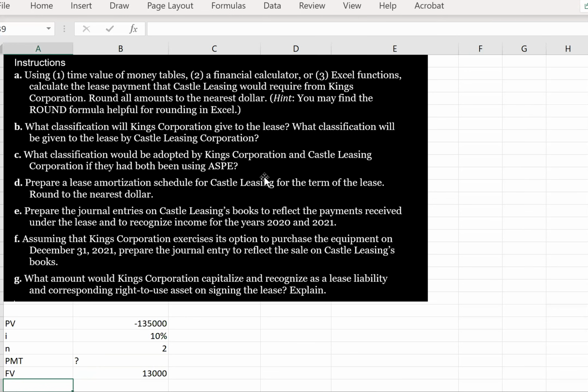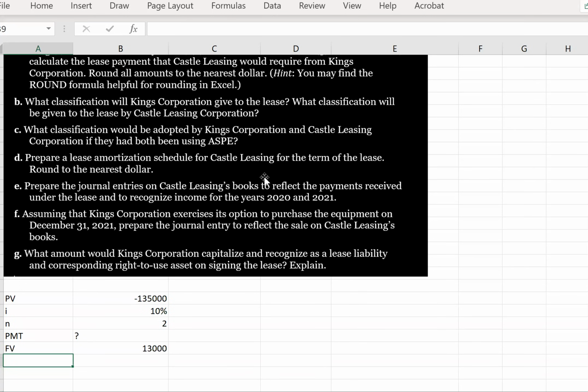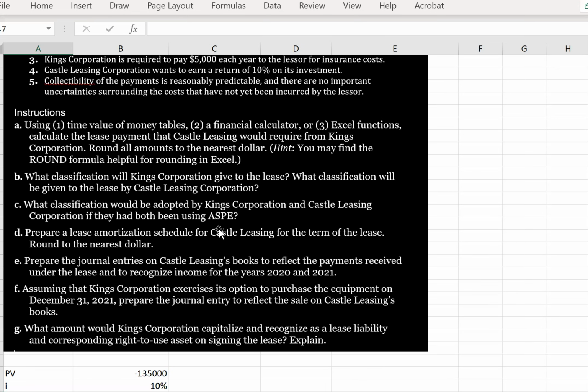Even if there was unguaranteed residual value, we would still include the $13,000 in our calculation. And we are going to have our begin mode on because it states that the payments are due at the beginning of each period. So if we put all these inputs in and compute the payment, we're going to get a payment of $71,595. And of course, that's excluding the executory costs.